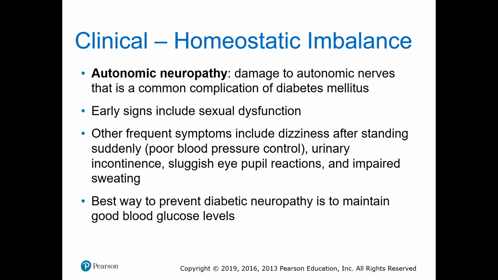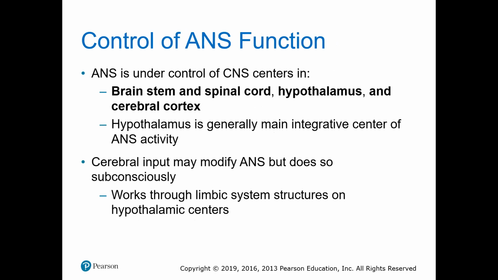They may not sweat properly. They may get dizzy because they can't maintain their blood pressure. They may become incontinent. So a lot of these conditions can occur in your diabetic patient. We'll talk a lot about that also in AP2.